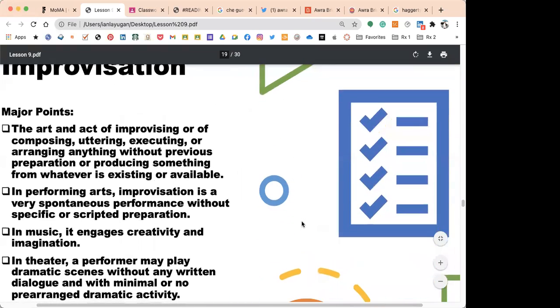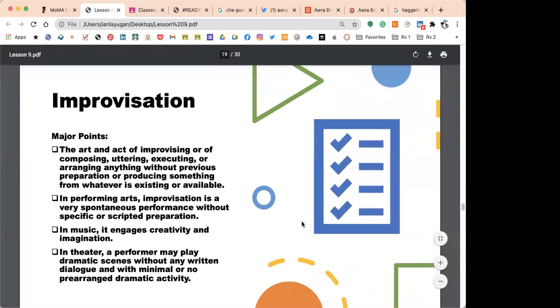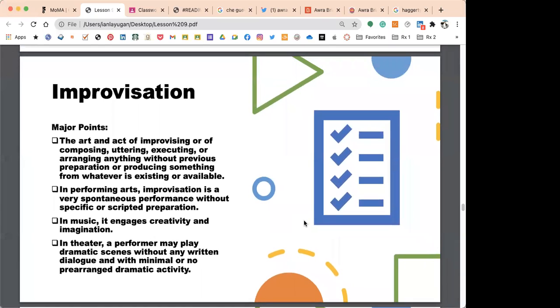Okay, next, improvisation: the art and act of improvising or composing, uttering, executing, or arranging anything without previous preparations, or producing something from whatever is existing or available. In performing arts, improvisation is a very spontaneous performance without specific or scripted preparation. In music, it engages creativity and imagination.